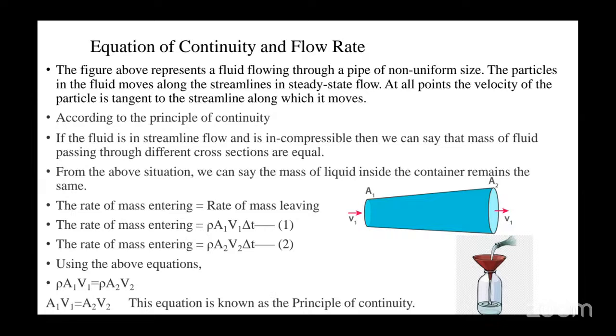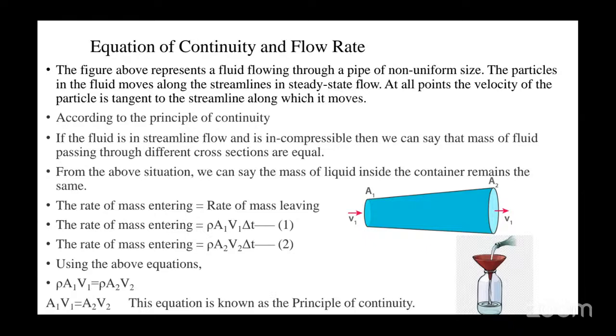The rate at which the mass of fluid enters will be the rate at which it goes out. So if we use that condition, we will be able to derive an expression for the continuity equation.